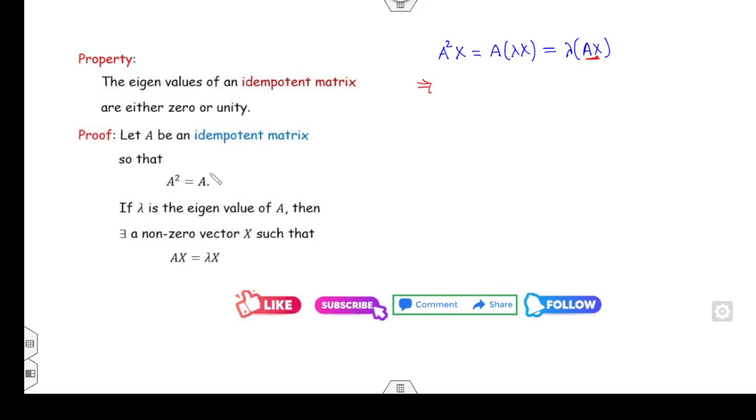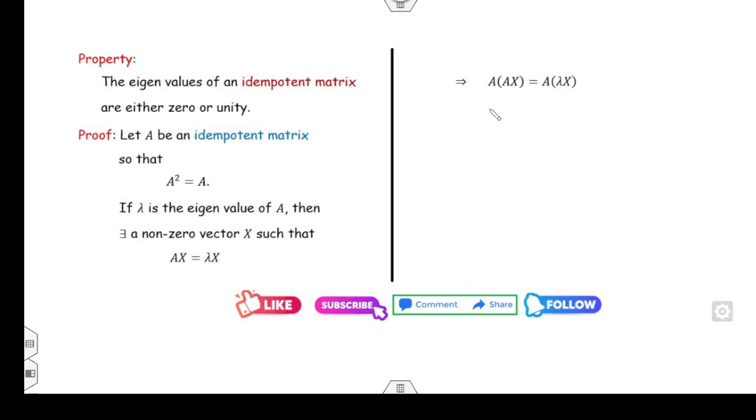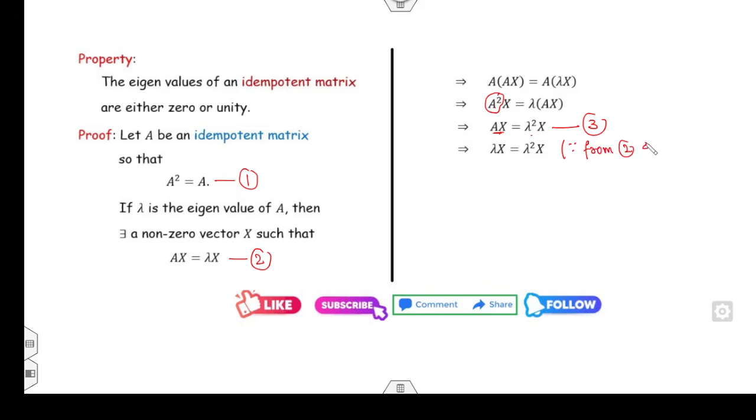Ax is lambda x. Pre-multiplying by A, A square x is lambda of x, that is lambda square x. What is the value of A square? By using equation number 1, A square is A. And I can use equations number 2 and 3.